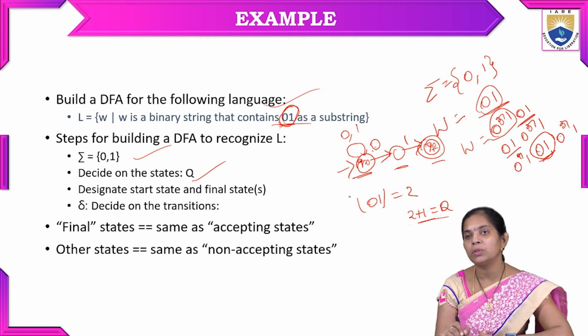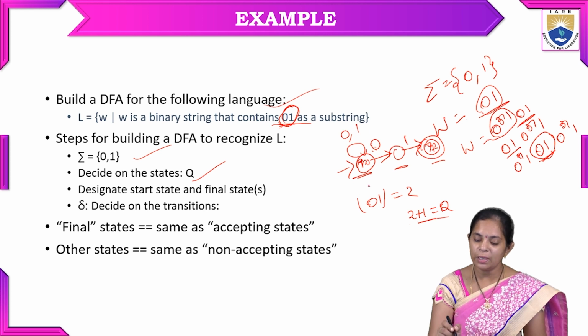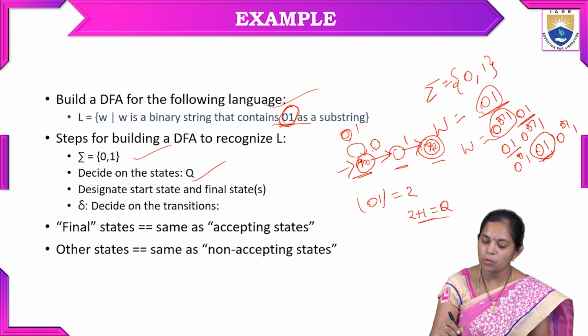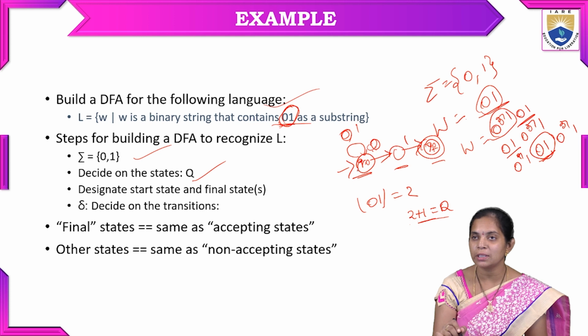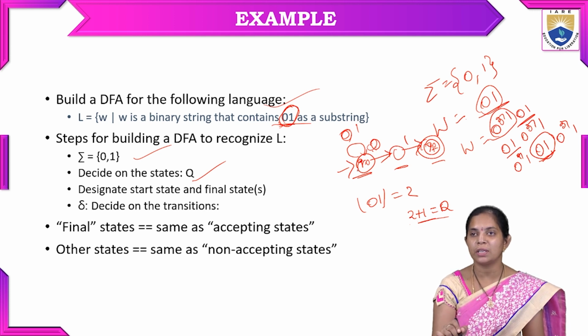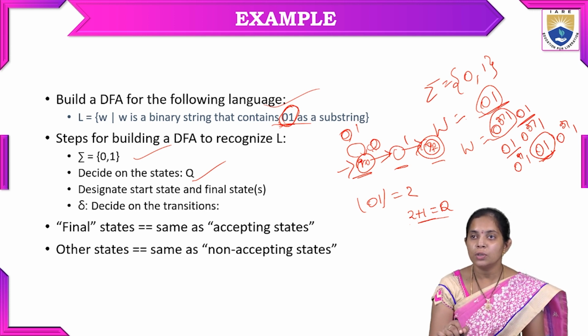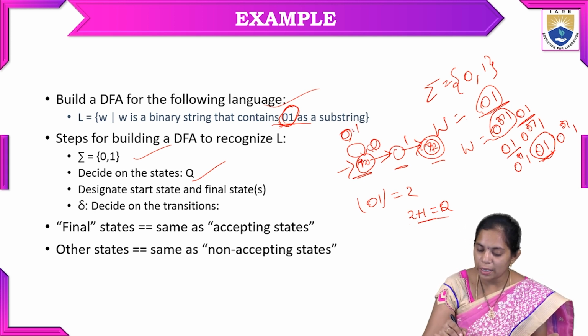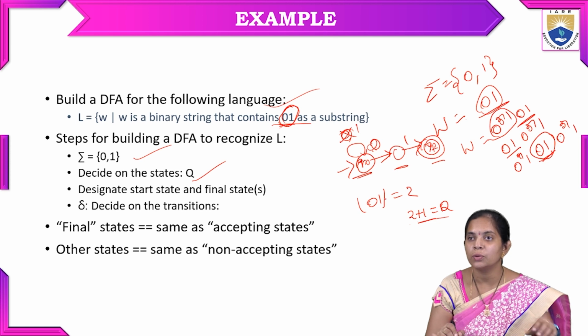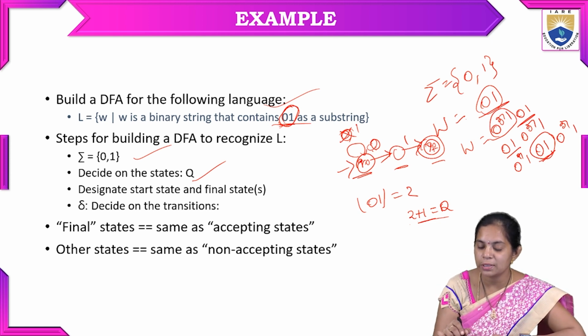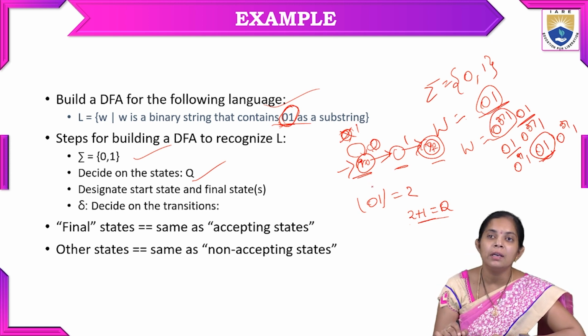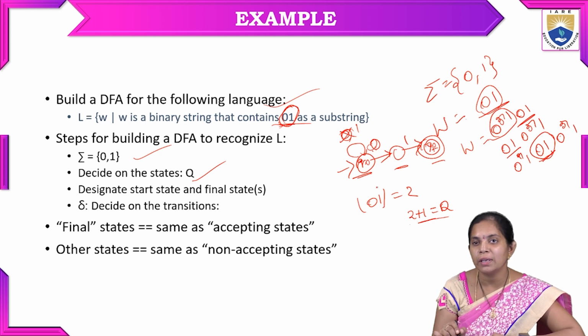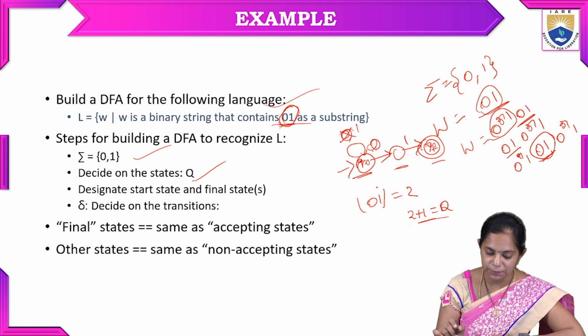But to design a DFA, a single input must not reach multiple states, so that is the condition we need to follow. If we write 0 like this in the diagram, it becomes an NFA. In DFA construction, for a single input we need to reach a single state only.